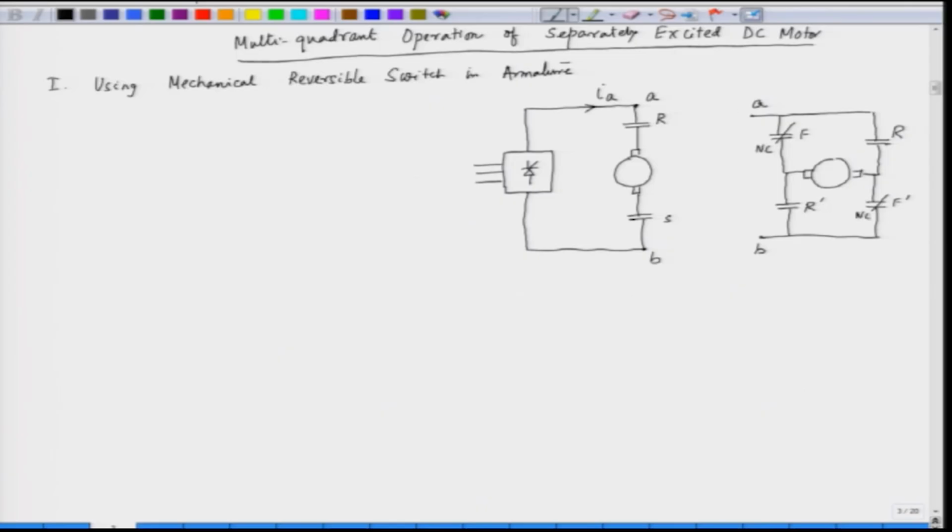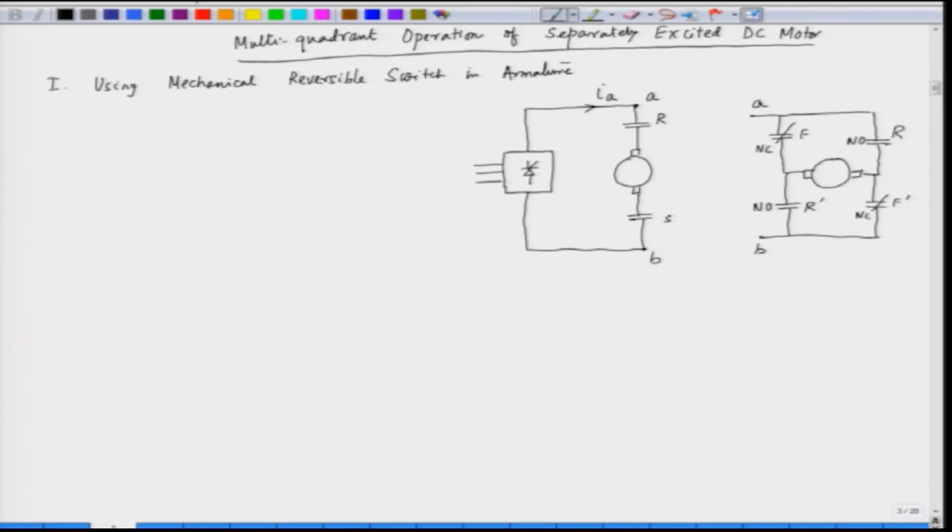So normally we have a forward voltage applied here. This voltage is positive because A is connected to the output of the converter, so the current flow is in one direction. Now, R and R prime are normally open switches. When we open the NC switches, the NO switches will be closed.